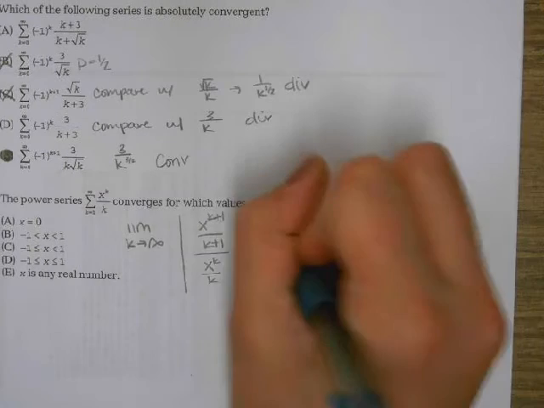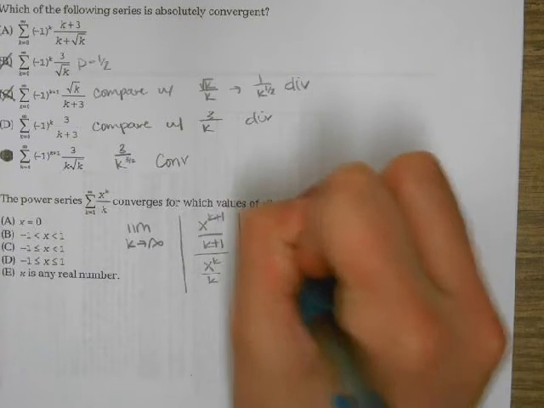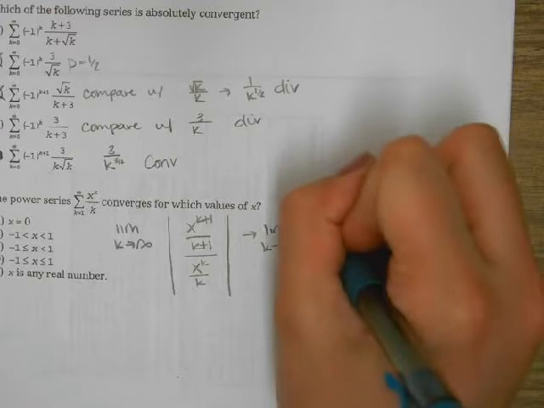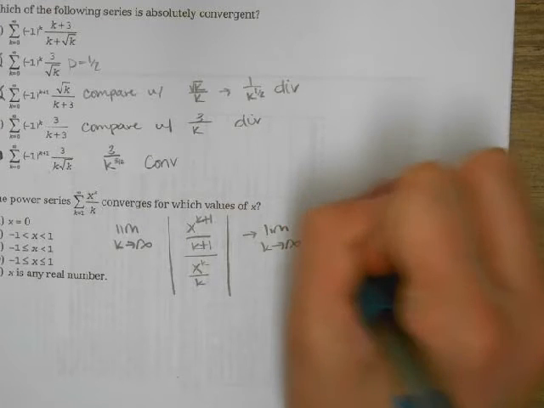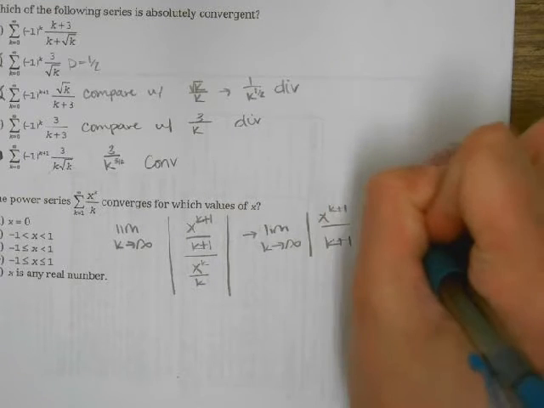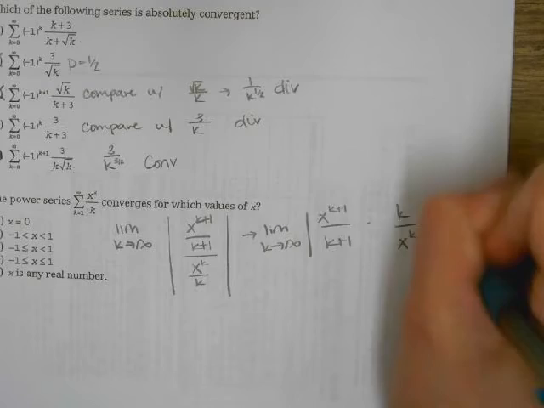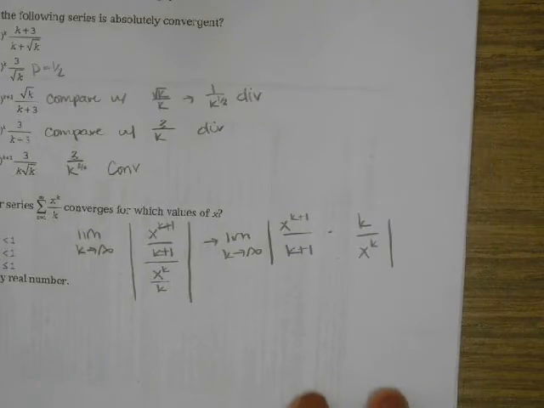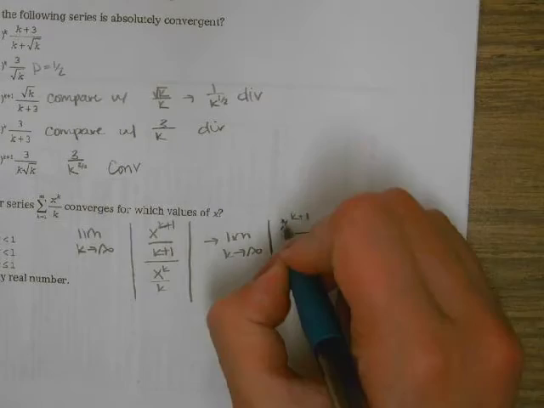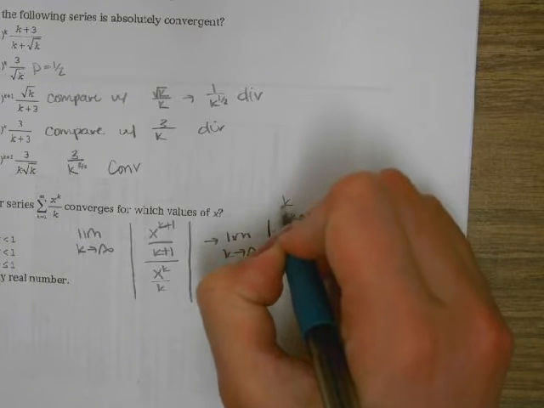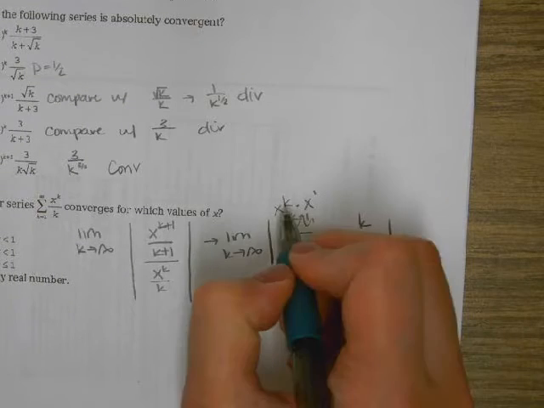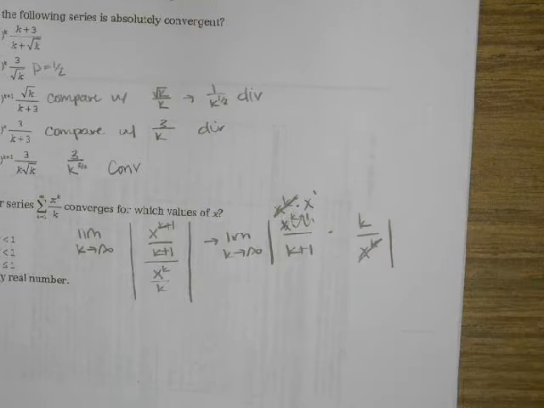Then this is the limit as k goes to infinity, and I'm going to flip the bottom up: x to the k plus 1 over k plus 1 times k over x to the k. And then we can rewrite this one as x to the k times x to the 1, and the x to the k's cancel.